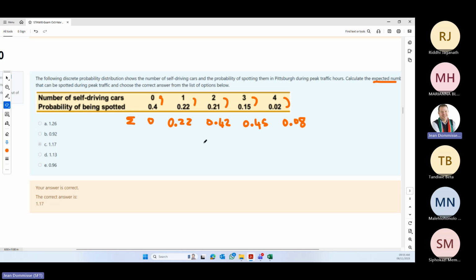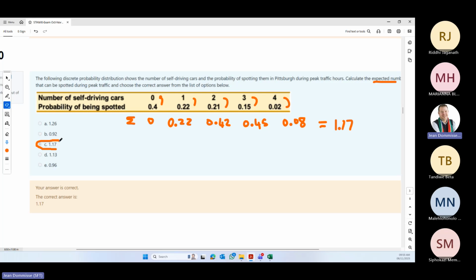So it's easier to just add that. 0.22 plus 0.42 plus 0.45 plus 0.08 gives us 1.17.